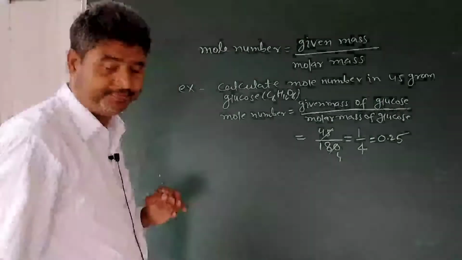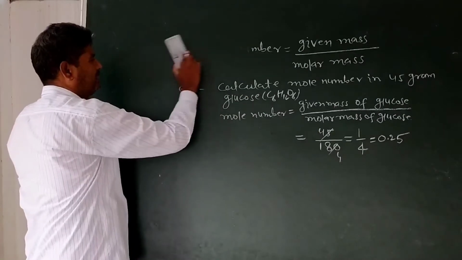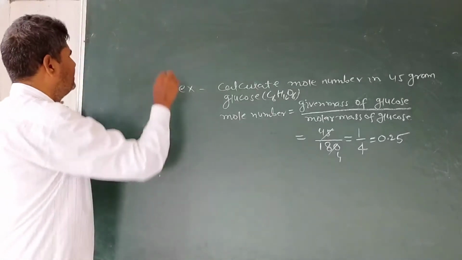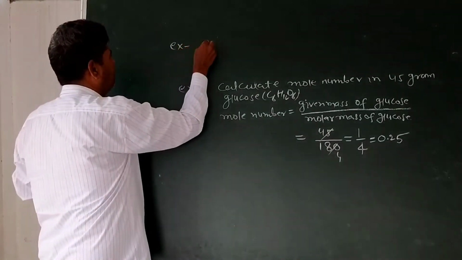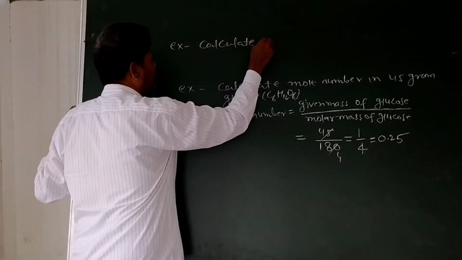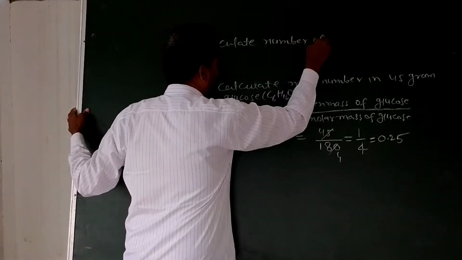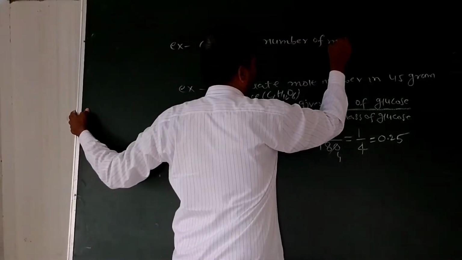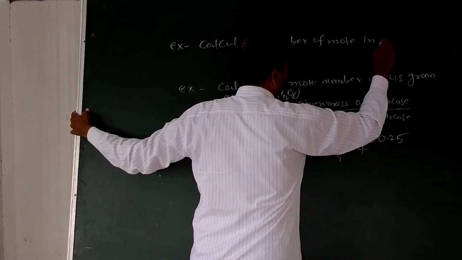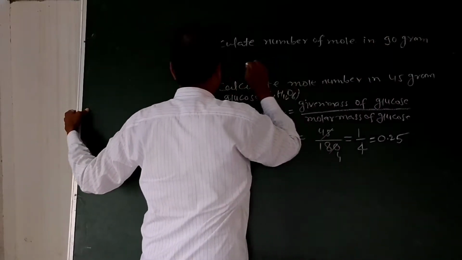Another example. Calculate the number of mole in 90 gram water.